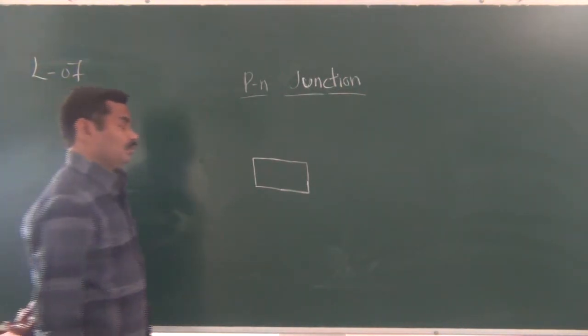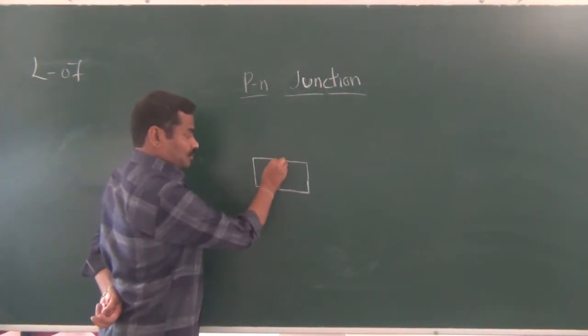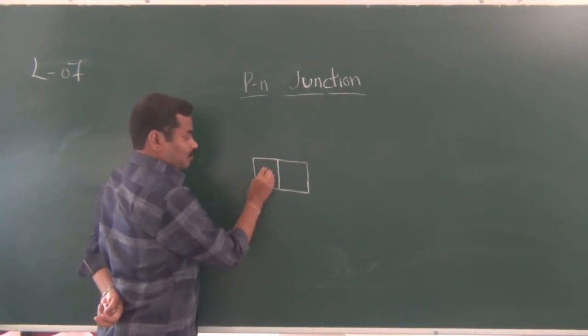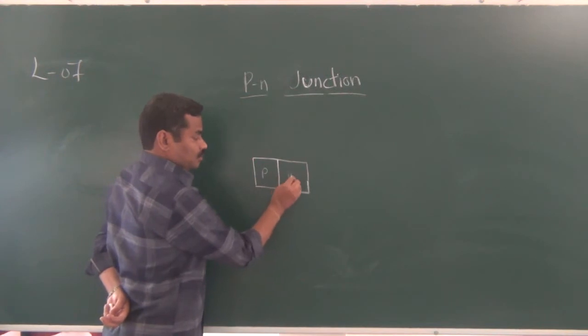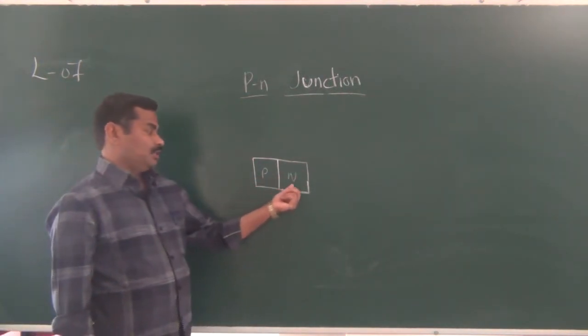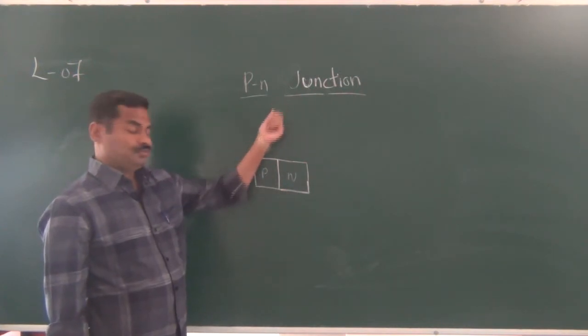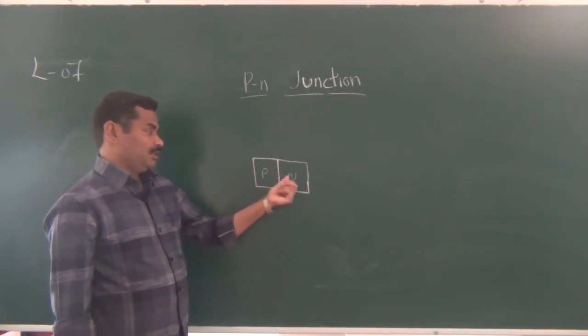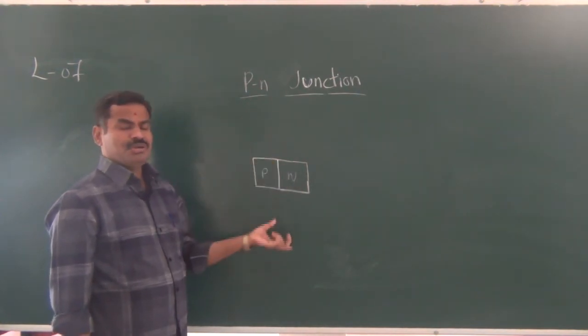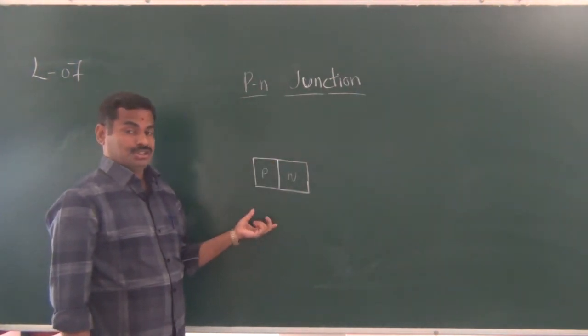Next, what you have to do? By adding one portion of trivalent impurity, and by adding another portion of pentavalent impurity, and separating the p-type and n-type material by a junction, that is called the PN junction. It is a simple way of constructing a PN junction.